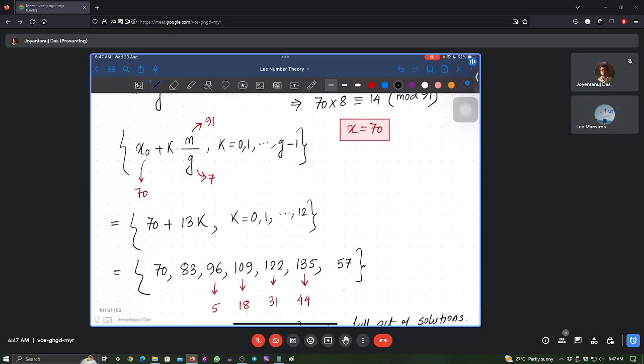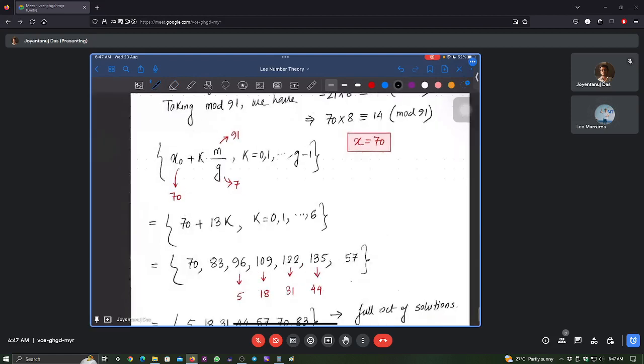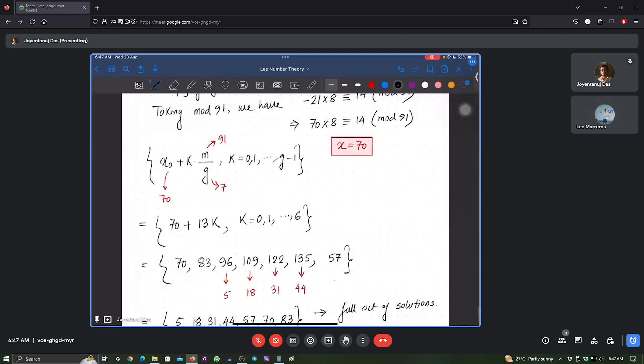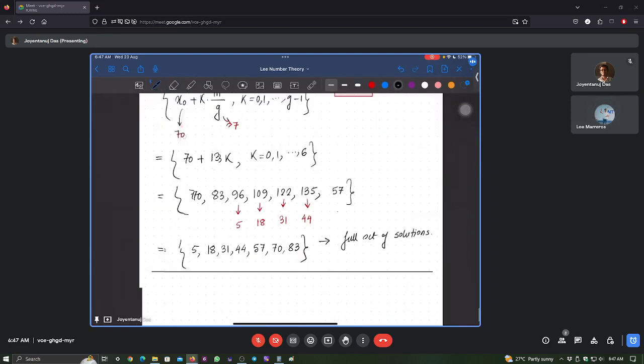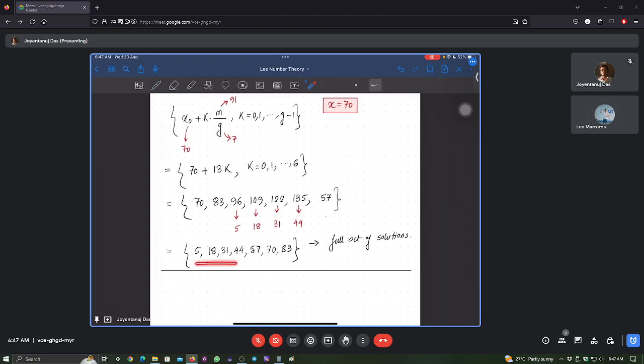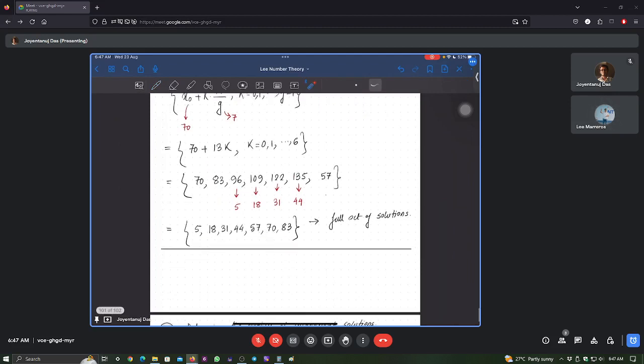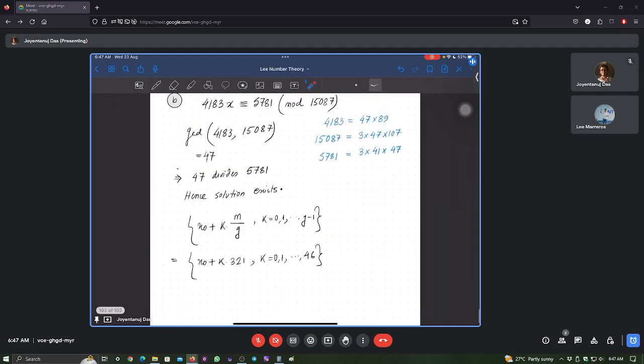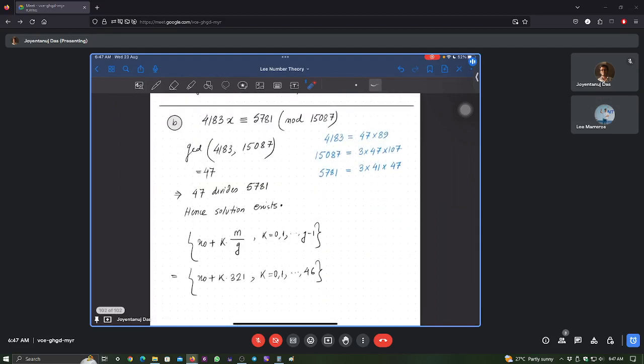G minus 1 is 6, not 12. I don't know why I wrote 12. So k goes up to 6, and there are 7 solutions. That is correct. So here it is the same thing. Since the GCD is a prime number, all the solutions will be incongruent. Hence it will be 47 solutions.